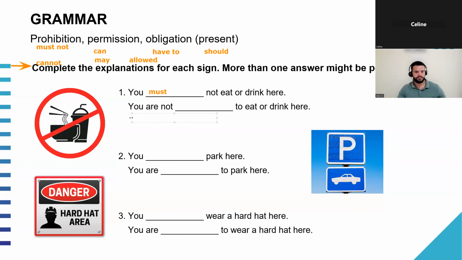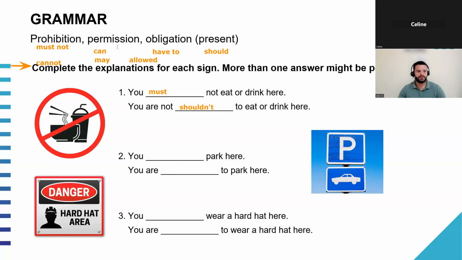You are not should to eat or drink here. Okay, but if it's going to be should, it would be shouldn't, okay? So it can't be shouldn't because the negation goes after should, should not, okay?